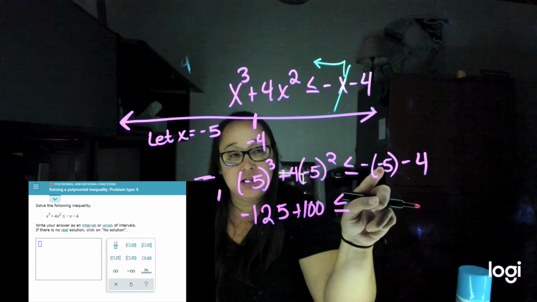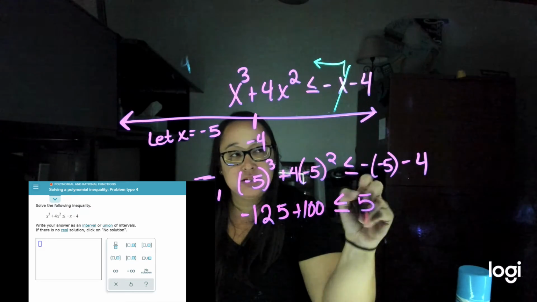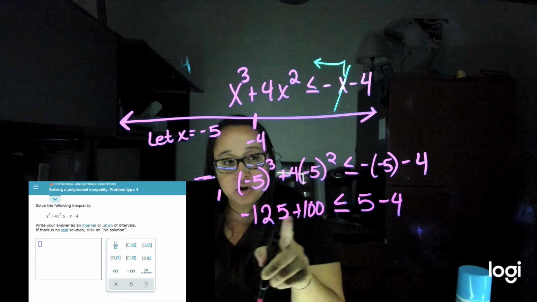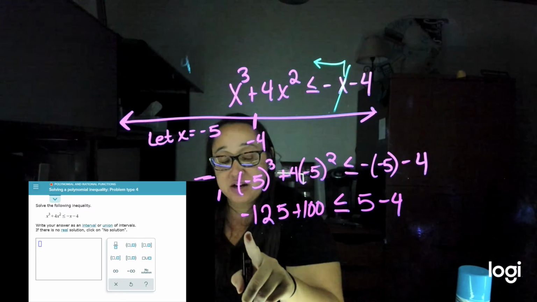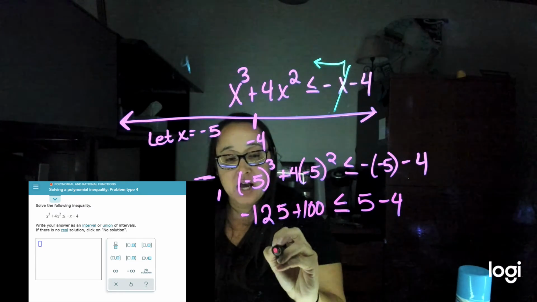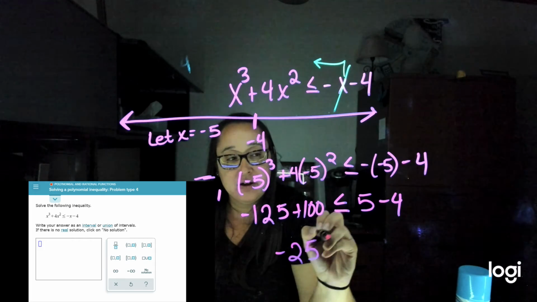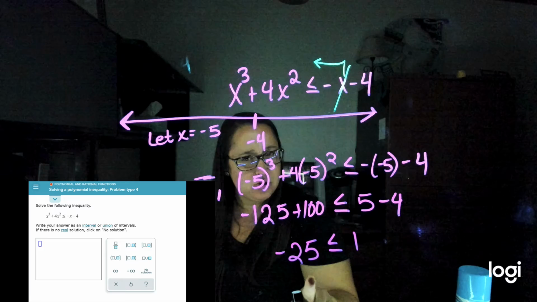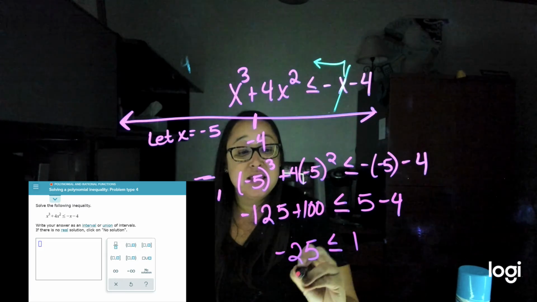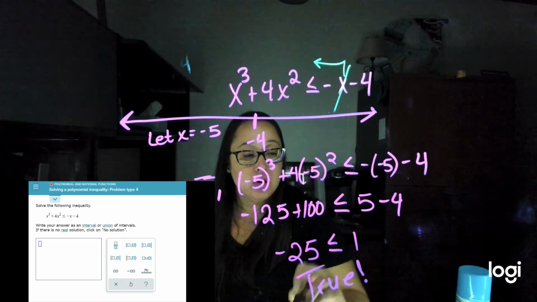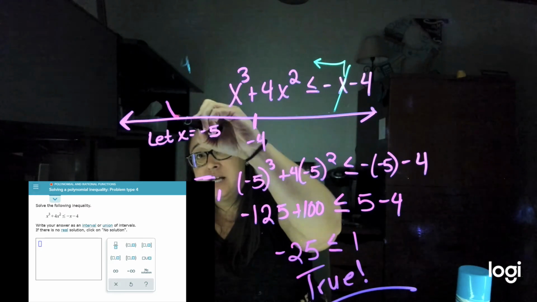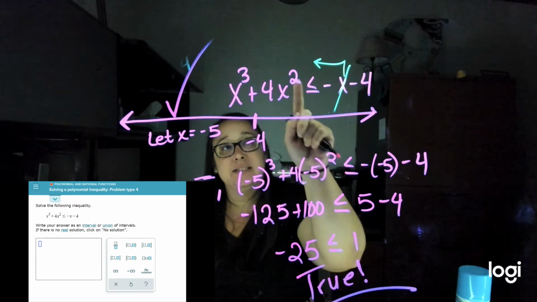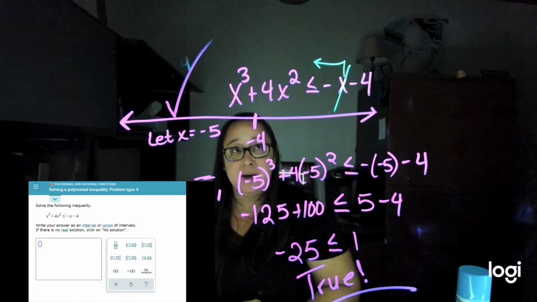The opposite of -5 is +5, minus 4. So I have -125 plus 100, which gives me -25 is less than or equal to 1. Is this a true or a false statement? This is true. So that tells me that this side of my number line satisfies this expression.